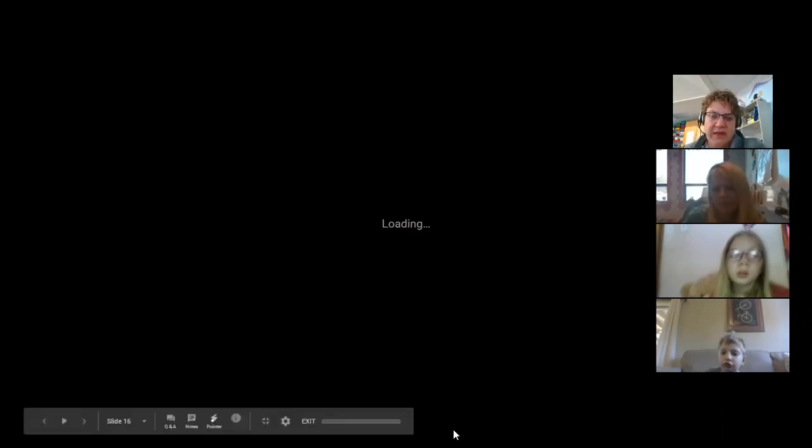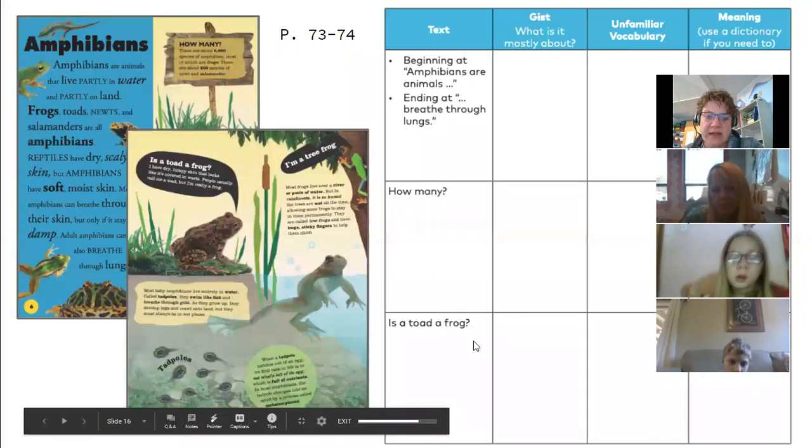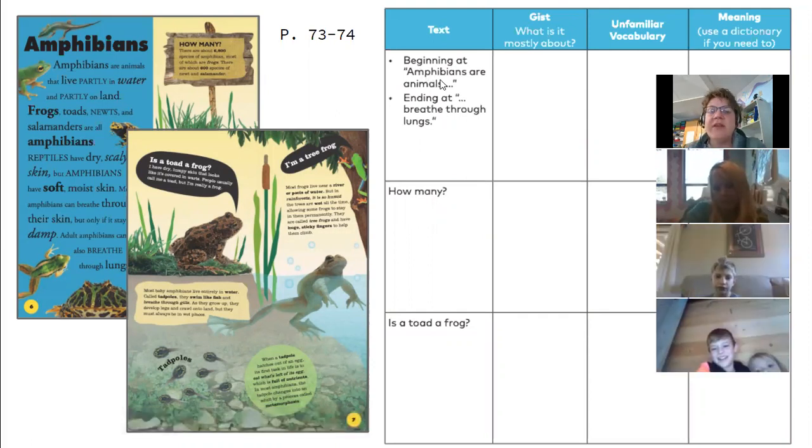All right, so here you have 3 sections. Loading. There we go. Here you will find that it's going to help you decide which section they're talking about, because this isn't just paragraph 1, paragraph 2, and so on.